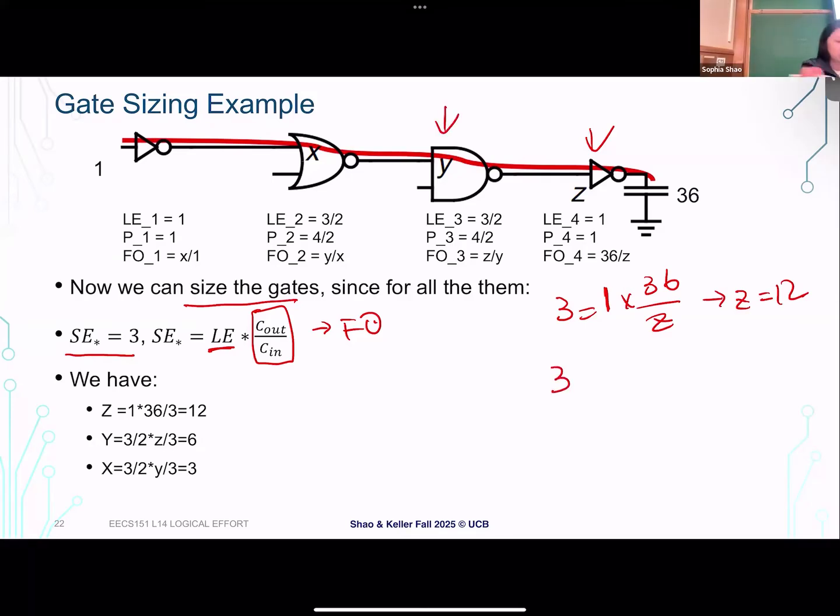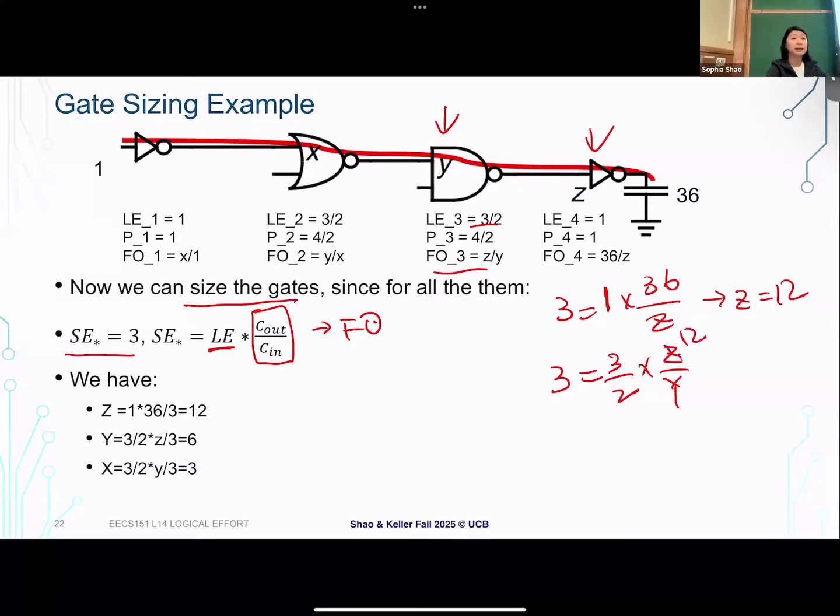Let's do a couple more. Let's look at the Y stage. Again, my stage effort is 3. It's distributed to the Y stage. My logical effort is 3 over 2. My fan out is Z over Y. Make sense? And Z is 12. So this is 6.